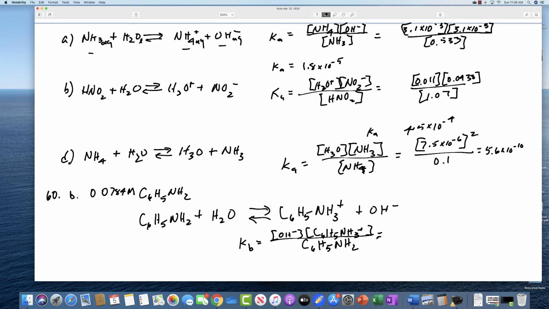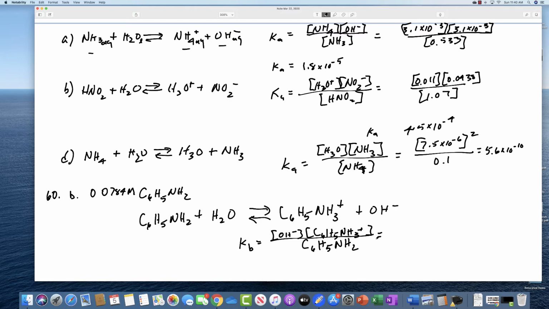Now, if you look this up in the back of the book in Appendix H, well, these are all weak acids. So Appendix I is actually the weak bases. And you have to find the right one in here.